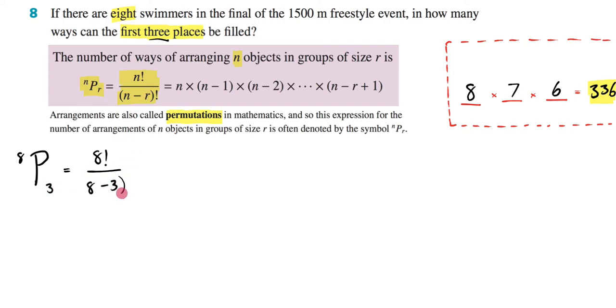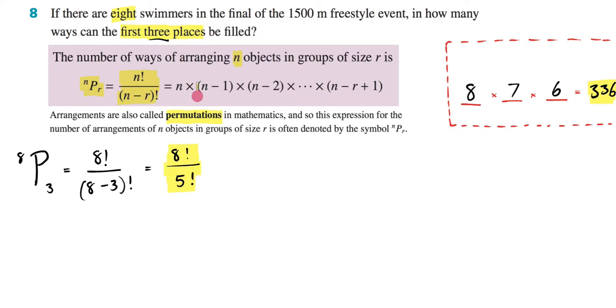So it's going to be that, the factorial of that, which is going to be the same as 8 factorial over 8 minus 3, that's 5 factorial. So this right here is equal to this.